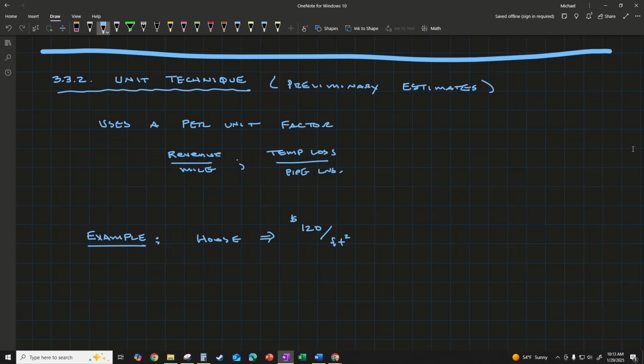So if your house has, say, 3,000 square feet that you're looking at, then we just take 120, essentially dollars per square foot, and multiply by 3,000 square feet. That gives $360,000. That's it. That easy.